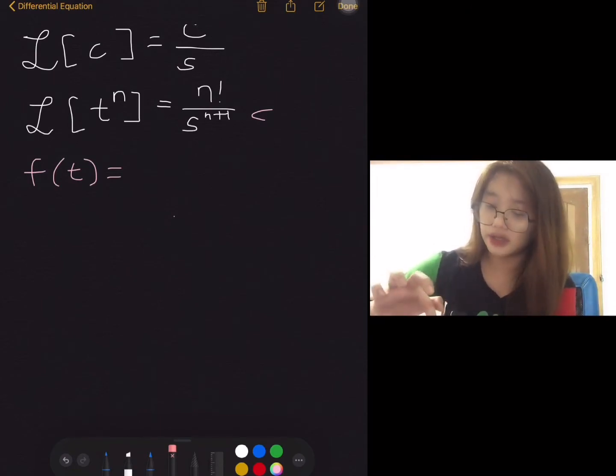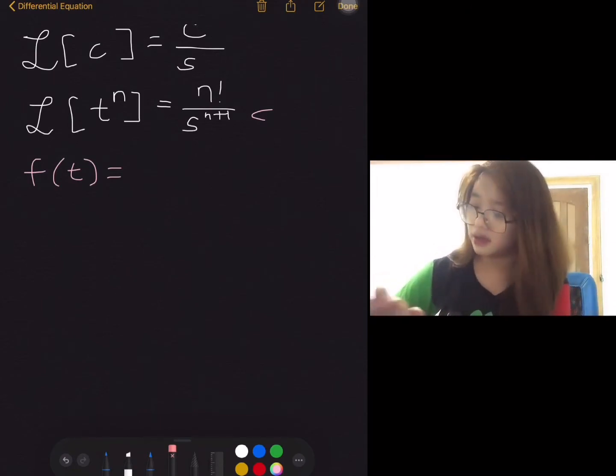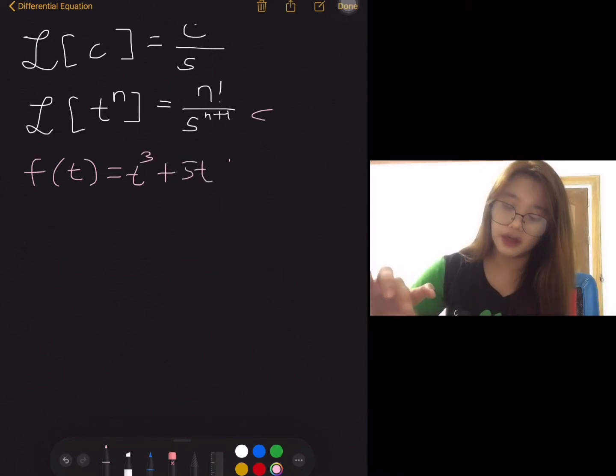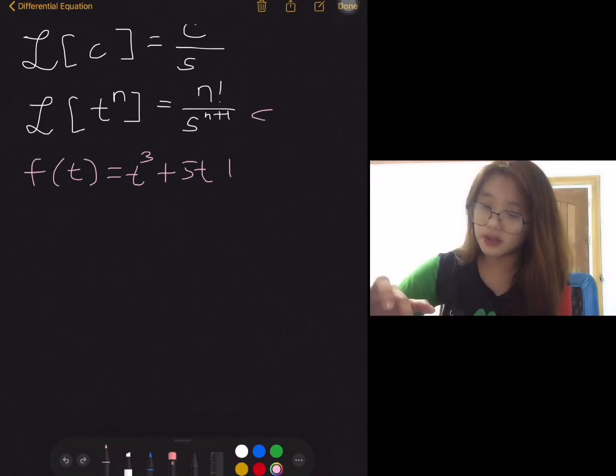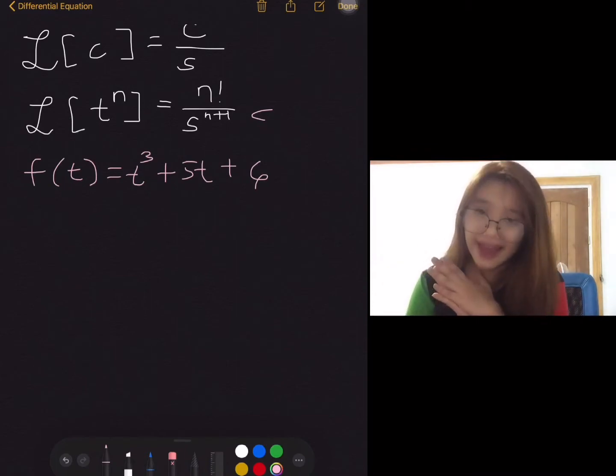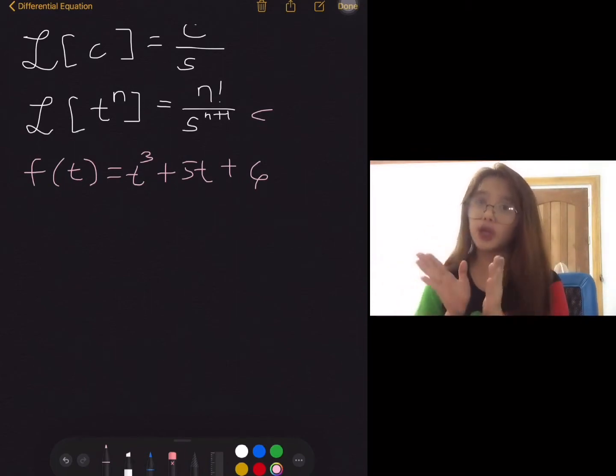Okay, let's say we have a function of t equal to t raised to 3 plus 5t plus a constant of 6. Here we will get the Laplace transform of each term.